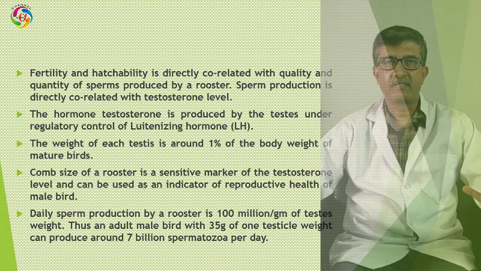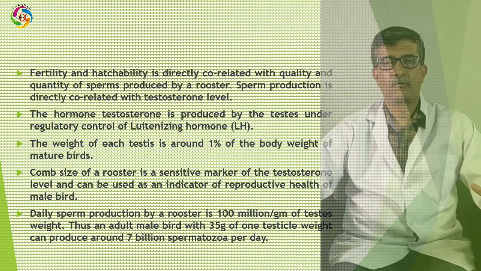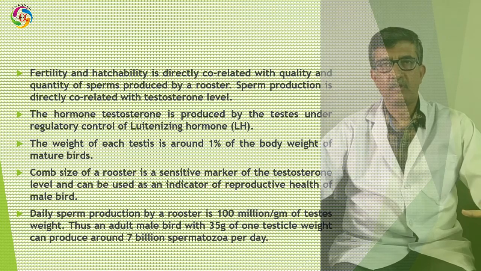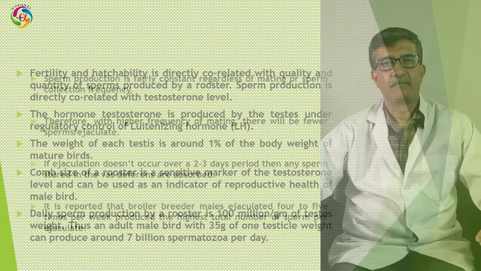As we have already discussed, in an adult rooster the total weight of testes is around 70 grams. In that case, the testicles will produce 7 billion sperm per day.